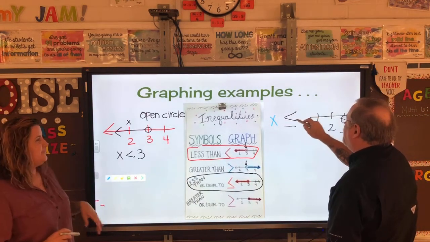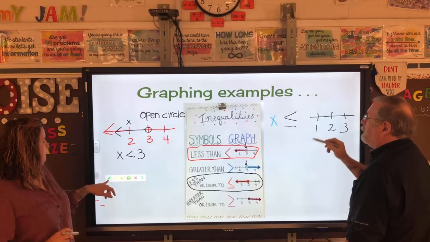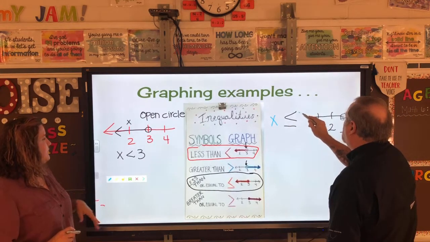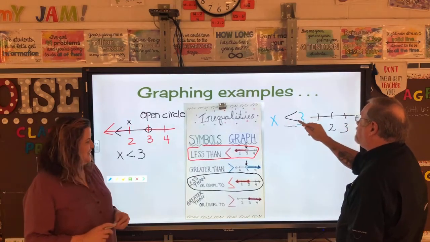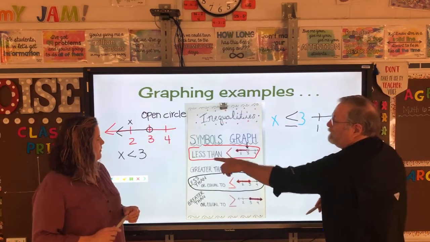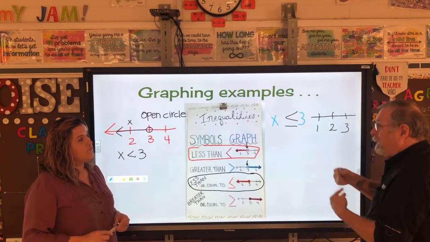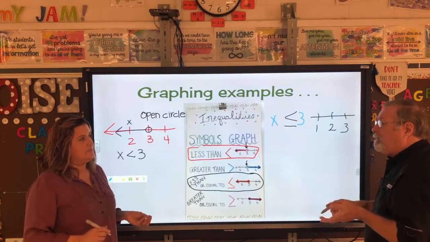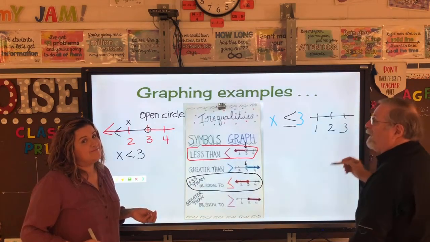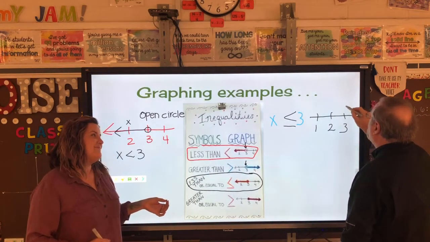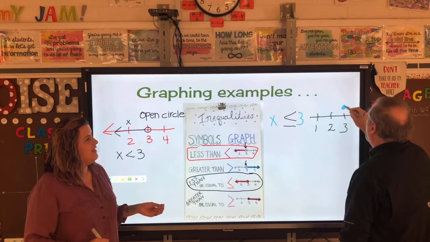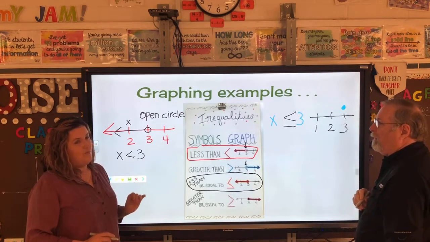X is less than or equal to, and we used 3 before. So this is what it says: x is less than or equal to 3. That one was x is less than 3. The only difference is 3 could be the answer, because I could give you $3. Not going to, but I could. Which means I'm going to use a closed circle above 3.